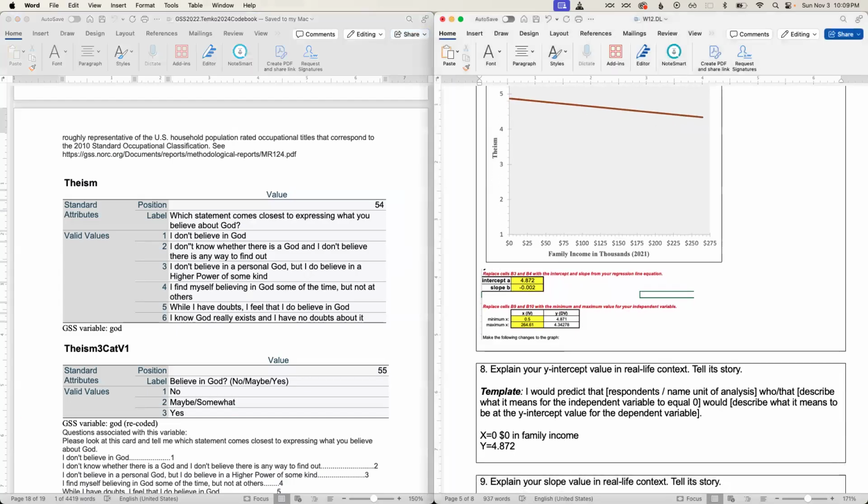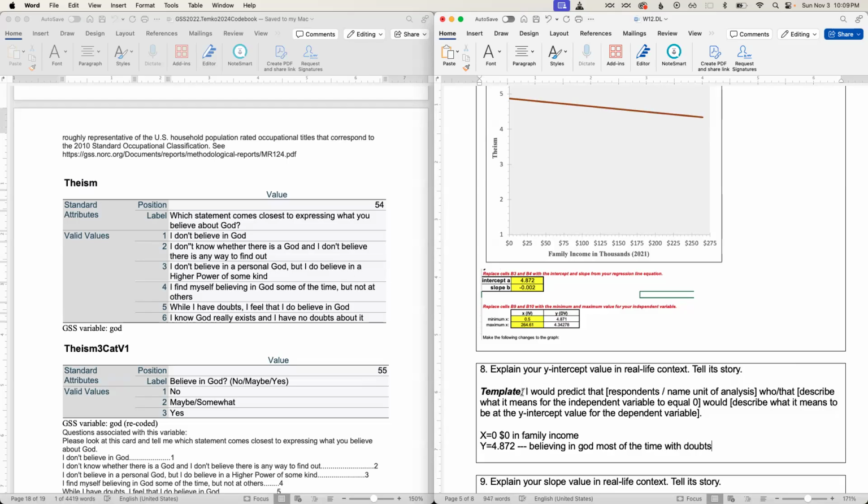So that would be believing in God, but it's between sometimes and with doubts. So let's say most of the time, but with doubts. Yeah, we'll just say most of the time instead of sometimes. How about that? Or we can say with doubts.